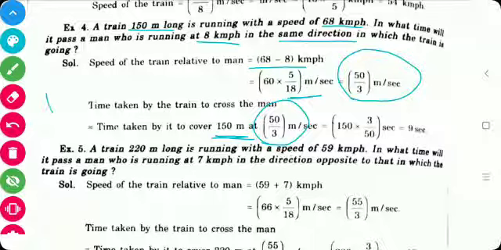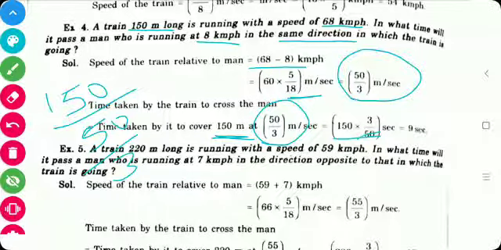So it is 150 divided by 50 by 3. So this becomes 150 into 3 upon 50. So it is 9 seconds. So it requires 9 seconds to cross the man.